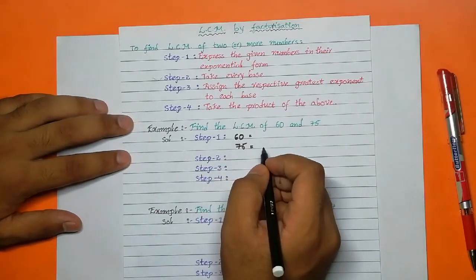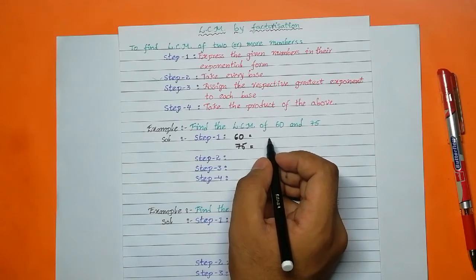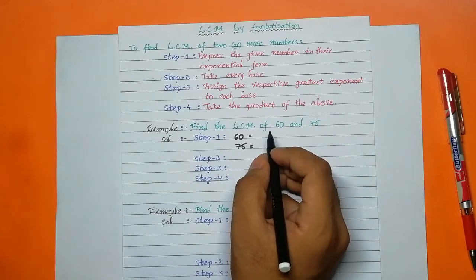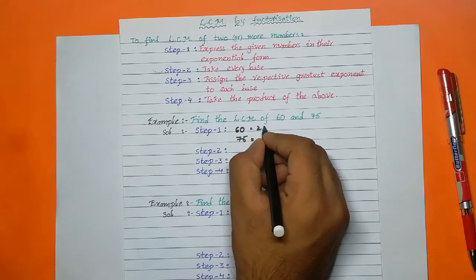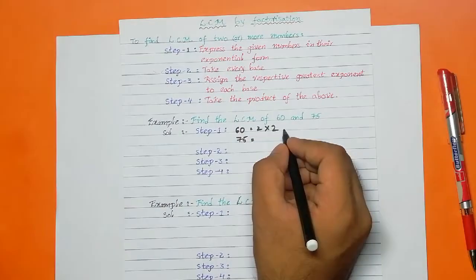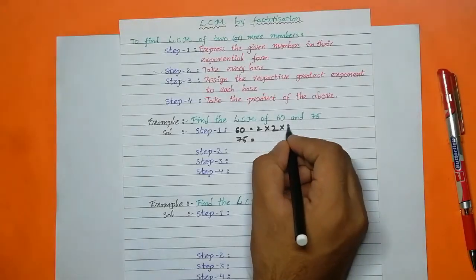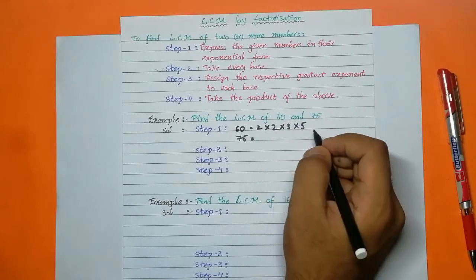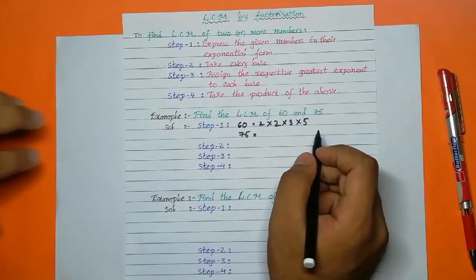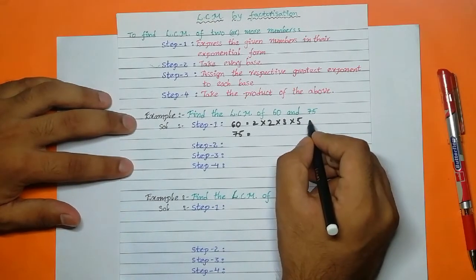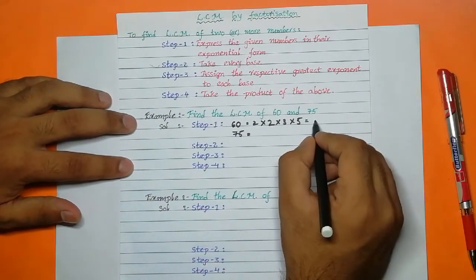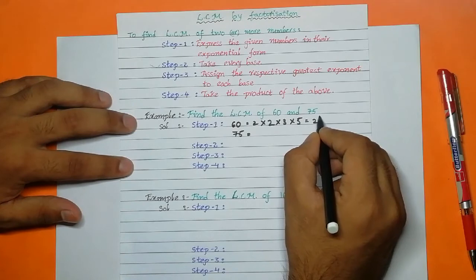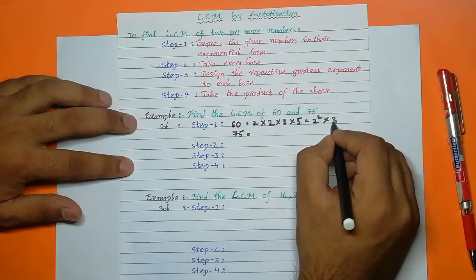Prime factors of 60: 2 into 2 is 4, 4 into 3 is 12, 12 into 5 is 60, and their exponential form is 2 square into 3 into 5.